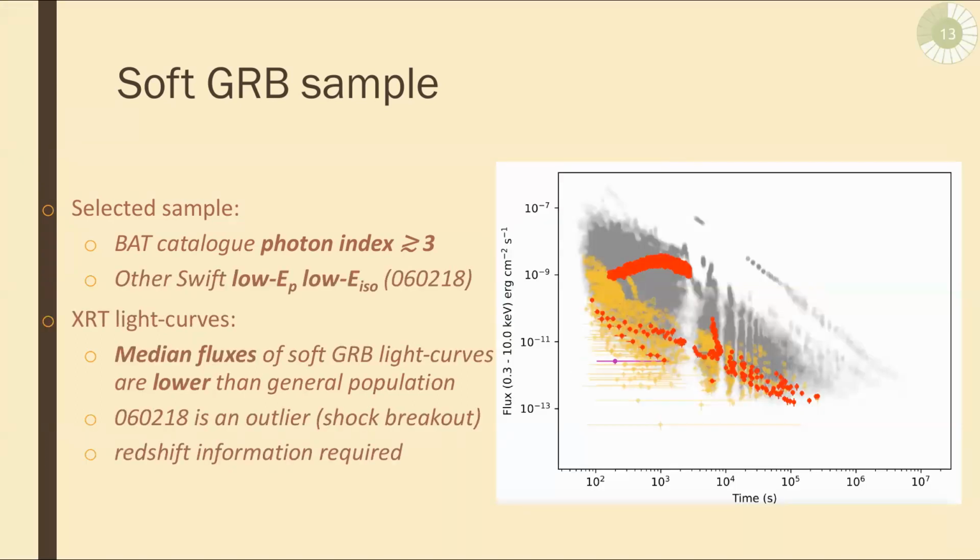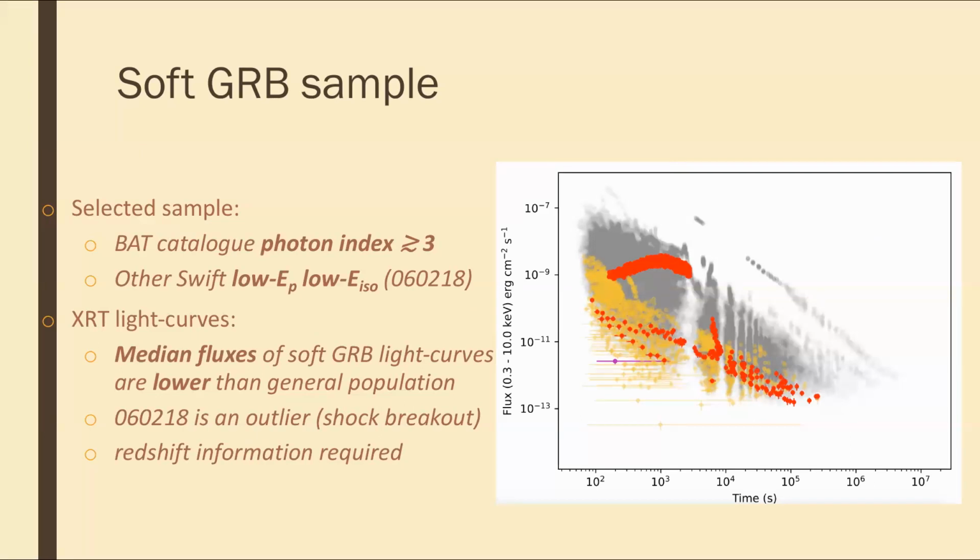And these are the plots of the X-ray afterglows of these soft GRBs. We have the short GRB in purple, and the yellow is the general population of short GRBs, and the soft long GRBs in red, and all other long GRBs in gray. We can see that they lie below the median of where most X-ray afterglows are.